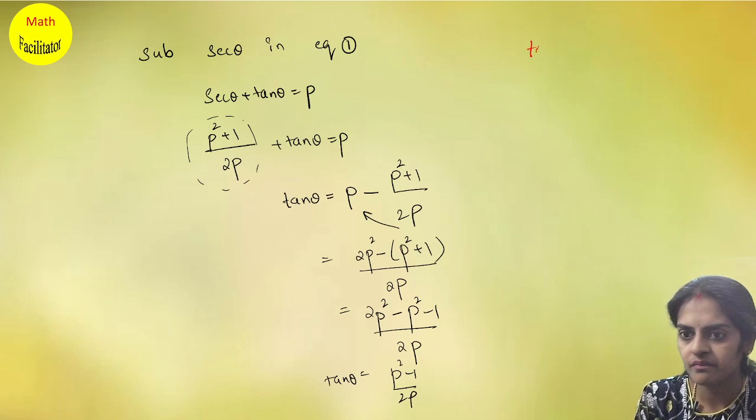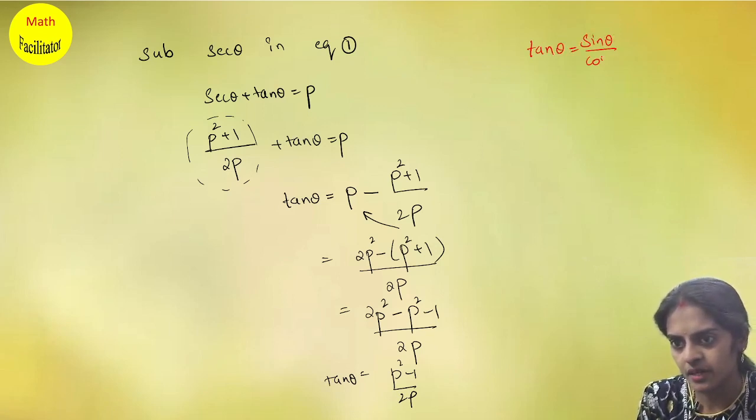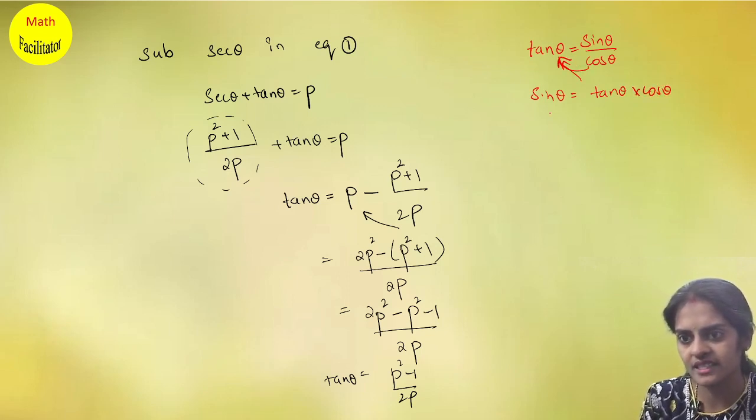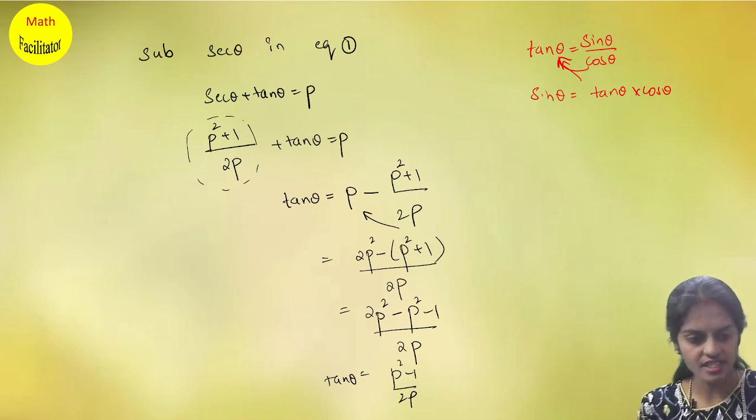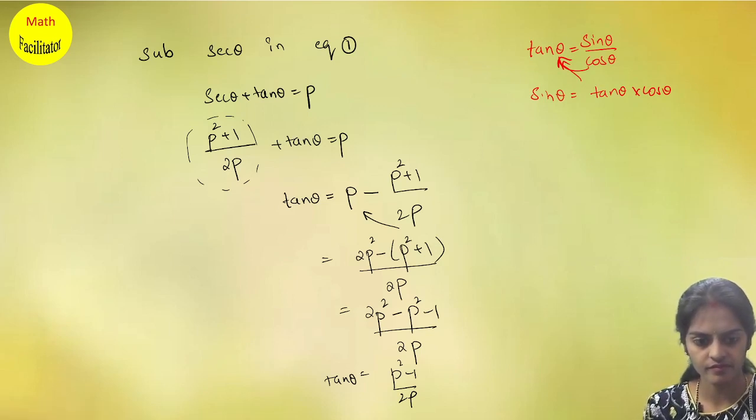Now see here. We know tan theta is nothing but sin theta divided by cos theta. So I want the sin theta value. Can I write sin theta as tan theta into cos theta? Taking cos theta to the other side, sin theta is nothing but tan theta into cos theta. So I want sin theta value only.